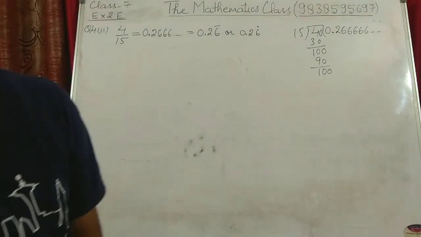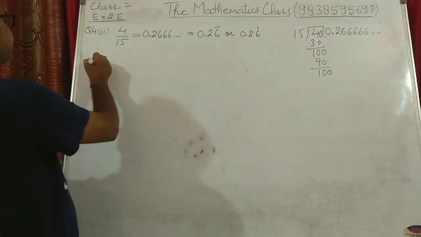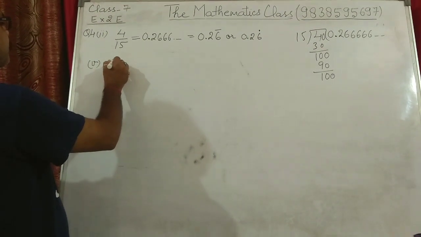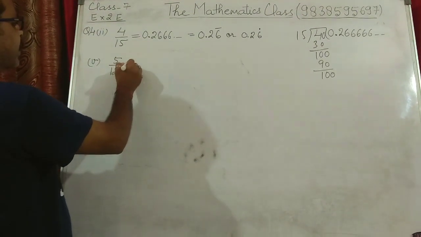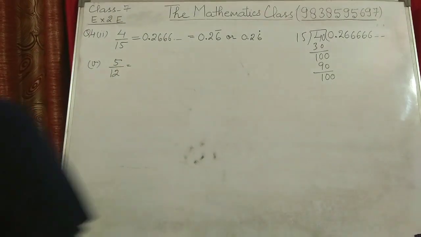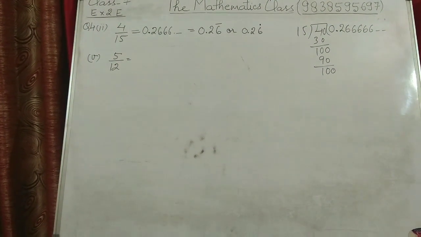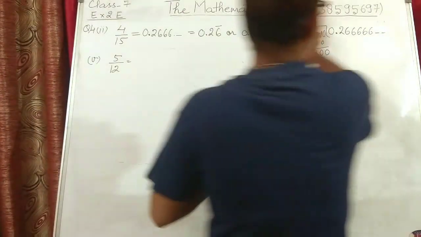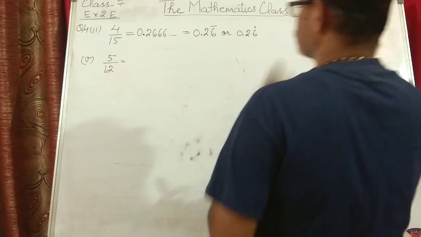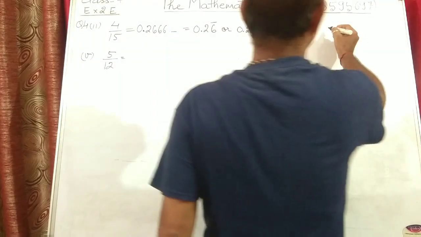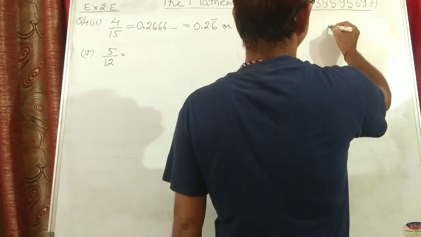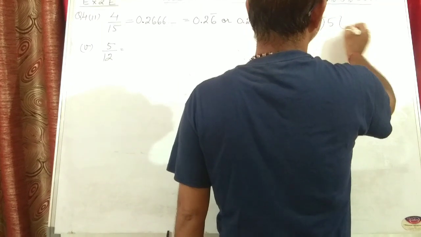Now we will take question number 5. It is 5 upon 12. Again the same process will be followed. 5 by 12 means 5 is divided by 12.